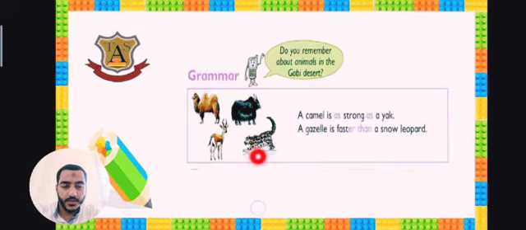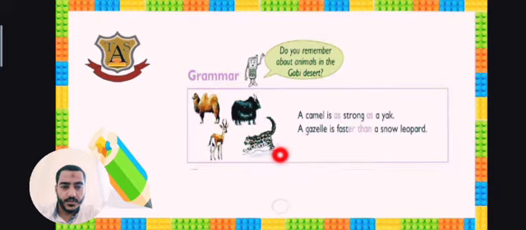So the first sentence here, a camel is as strong as a yak. This is a comparison between the camel and the yak. And also, a gazelle is faster than a snow leopard.